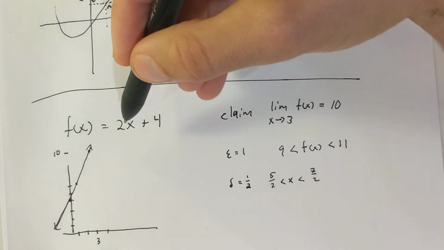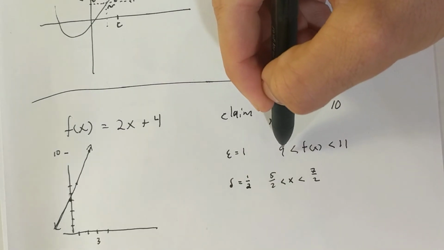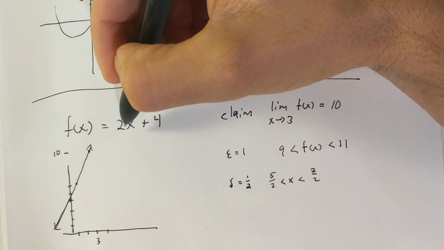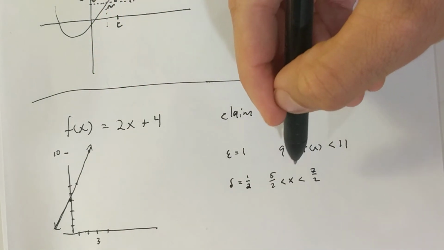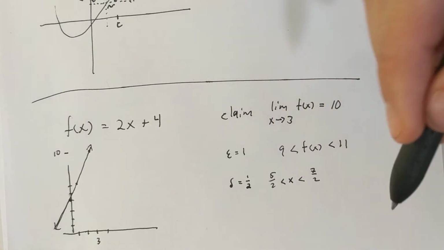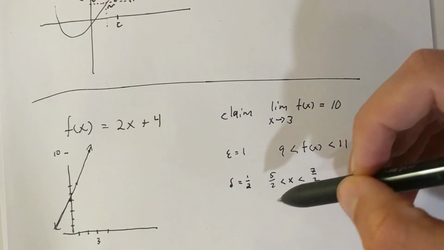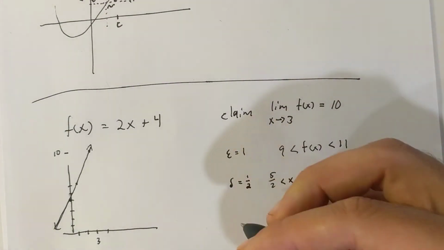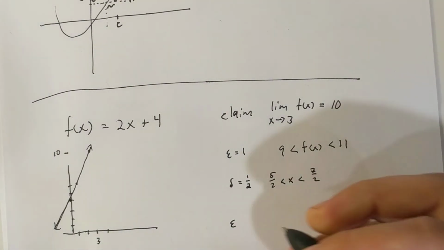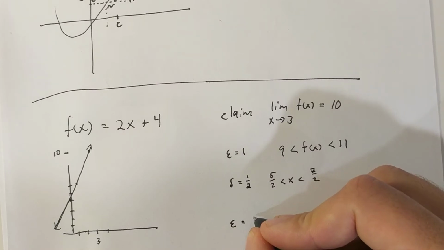If I plug in 5/2 into here, it's going to be 5 plus 4, which is 9. So I'm going to be in between 9 and 11, exactly the same thing, right? So as long as I go from 5/2 to 7/2, we're good. And in fact, no matter what you choose for epsilon, we can always do exactly half of it and get it, right? So if you say, well, actually, I want my epsilon to be, let's say, 1/4.